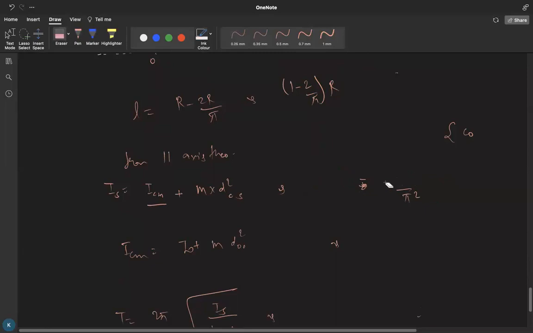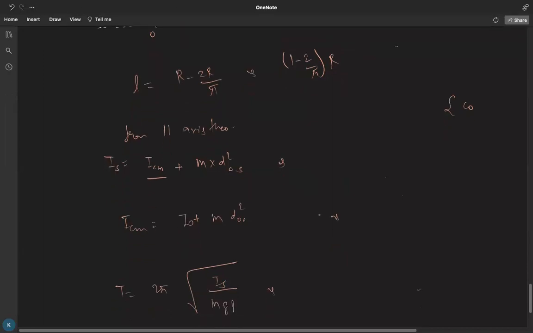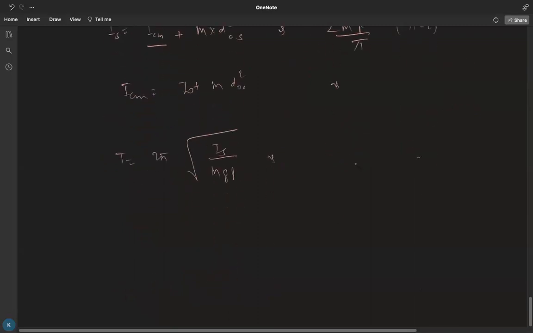So when you solve this, you get the final value for the moment of inertia about the suspension point, which is 2mr square by pi into (pi minus 2), right? And when you apply it here, what will you get?